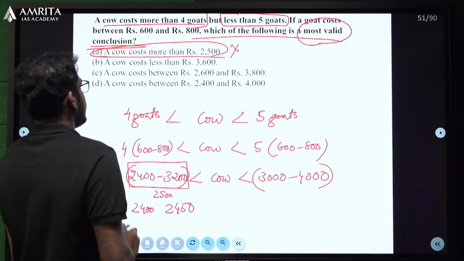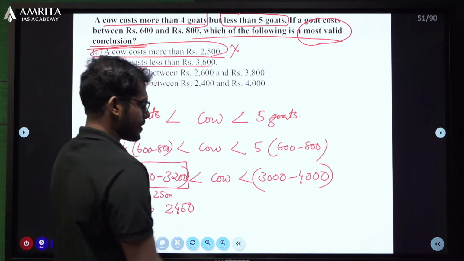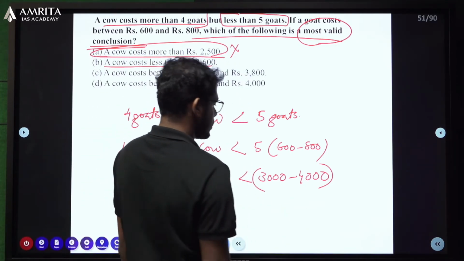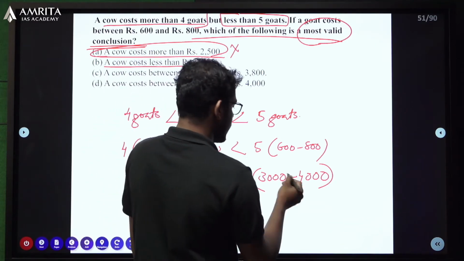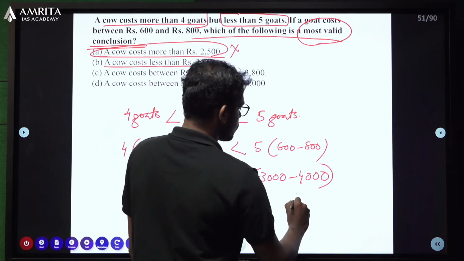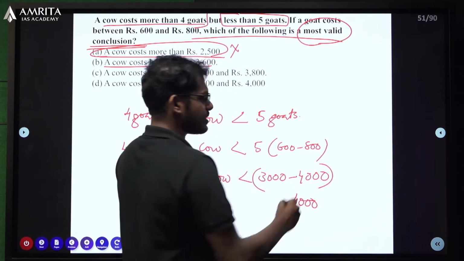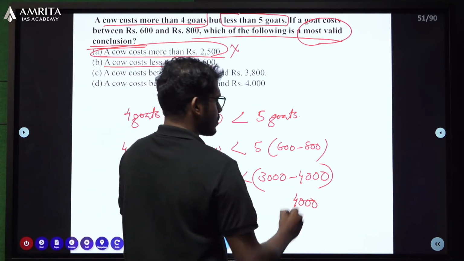Clear? Okay. A cow costs less than 3600. Let us assume that the cost of 5 goats is 4000. Yes, it is possible because it is an extreme range. 4000 is the maximum.